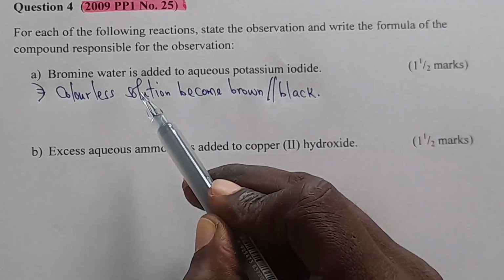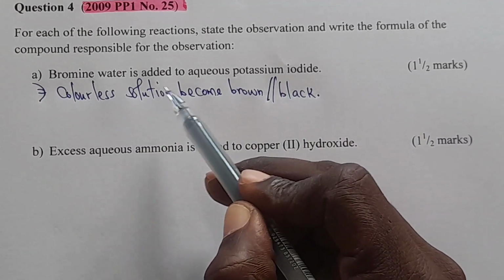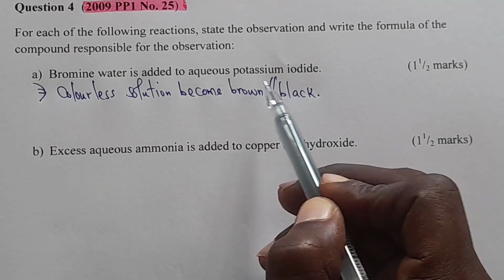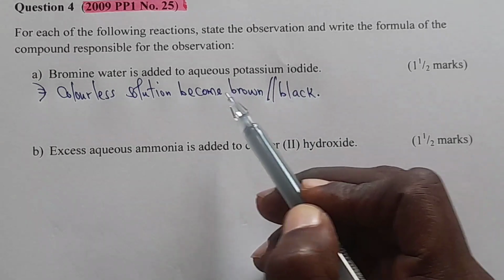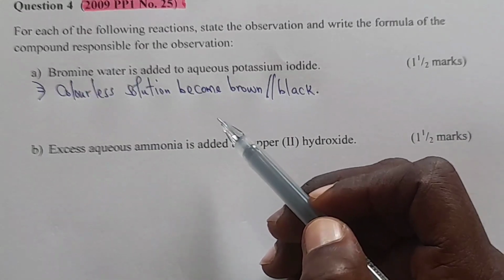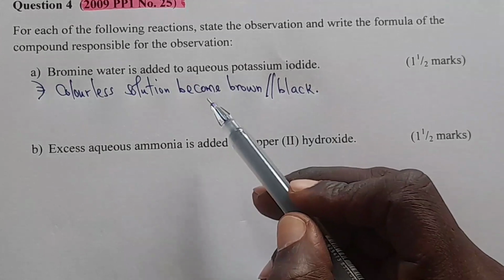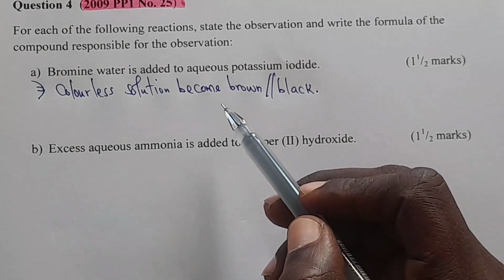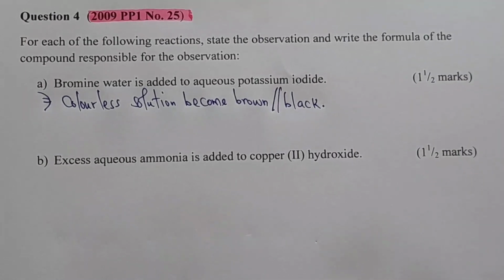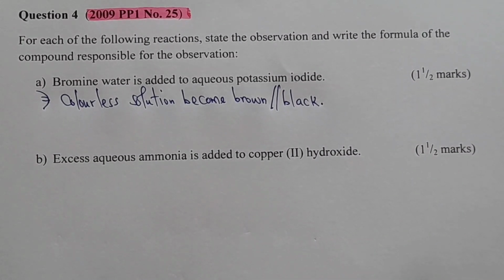So bromine oxidizes iodide ions to brown colored iodine in solution, while itself gets reduced to bromide ions, which are colorless. Bromide ions are colorless, hence do not contribute to the final color of the solution.